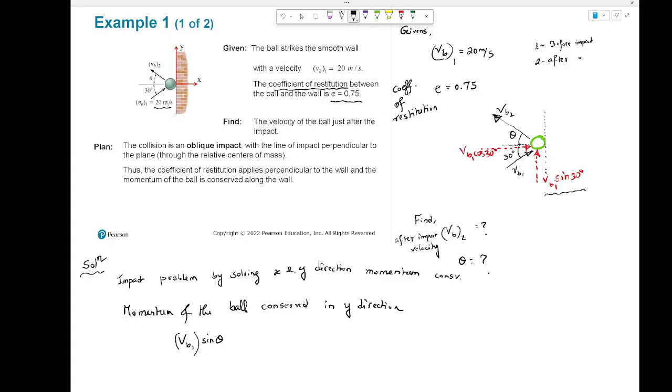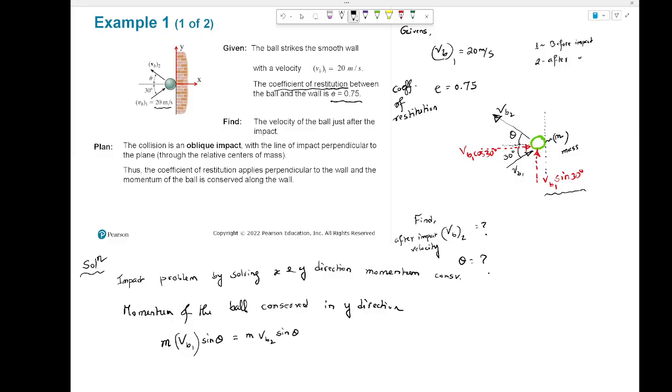You can assume the mass of the ball is m. That should be clear enough now. So you write this m, and that one is before the impact, and it should be conserved before and after. So the right side would be again the mass of the ball, and then VB2 sine theta.